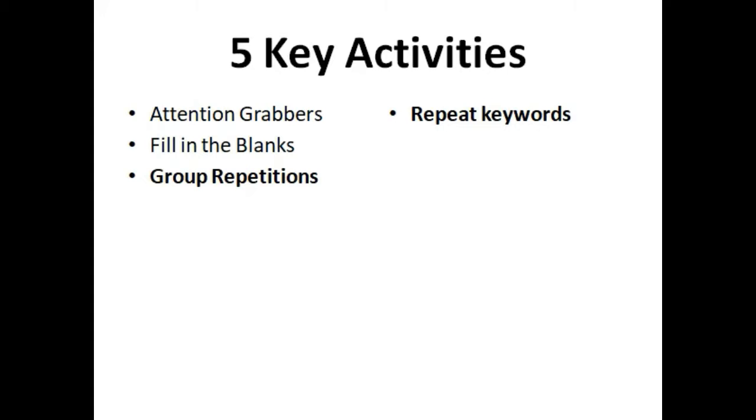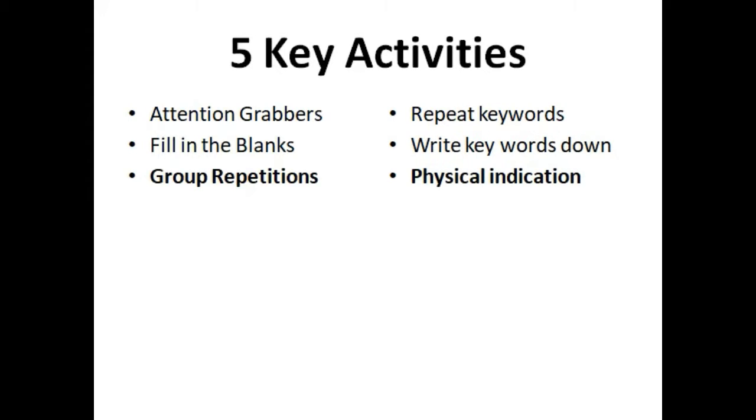Key activity number 3 is group repetition. Similar to fill in the blank, this is an exercise which will have the class repeat words as you're giving your presentation. So it's best to write key words on the whiteboard and then point to them or give some kind of physical indication that this is important.